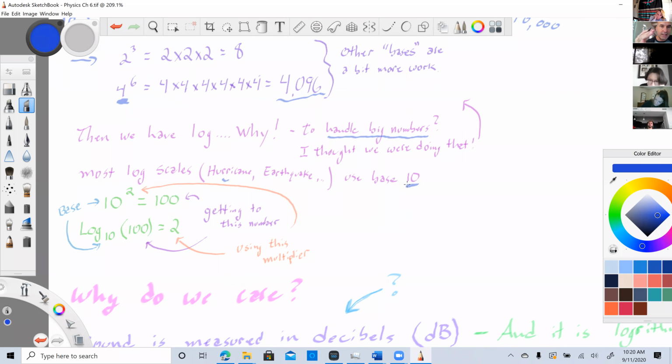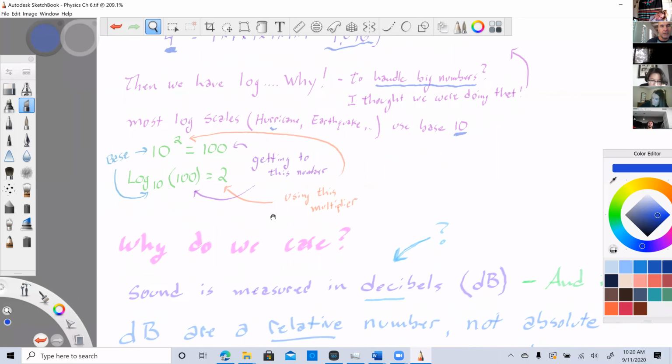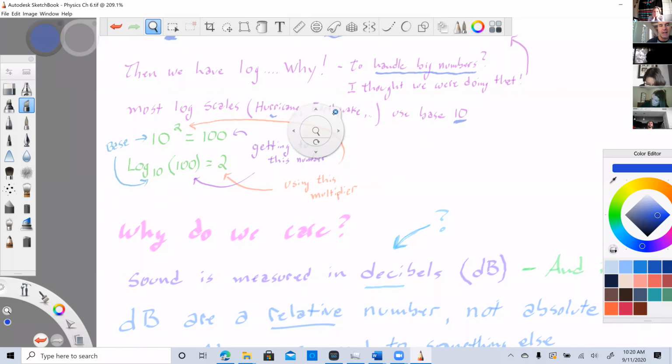And that's an easy base to deal with because basically every step of the way is like 100 times the strength, 100 times the energy.